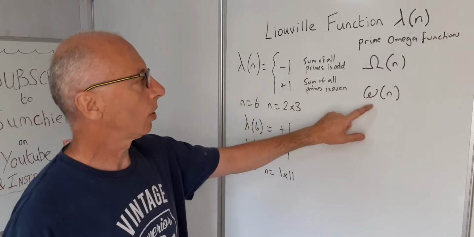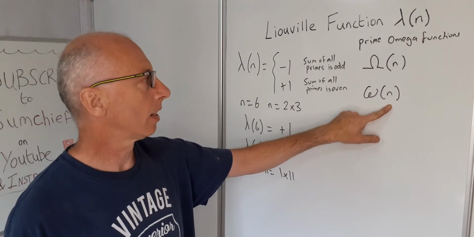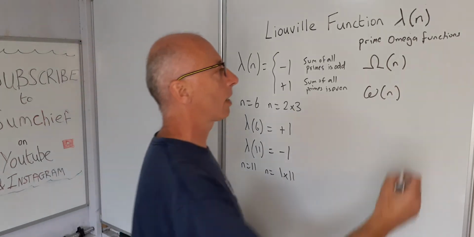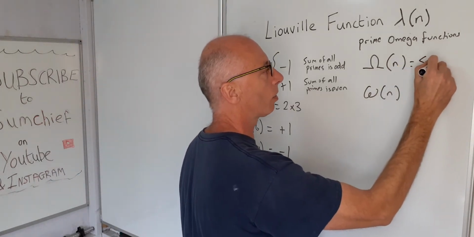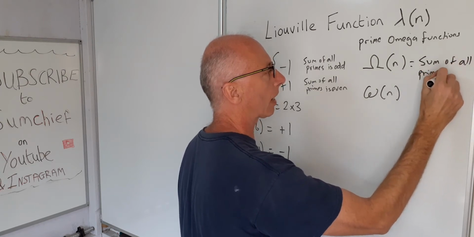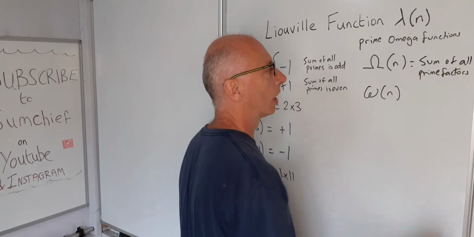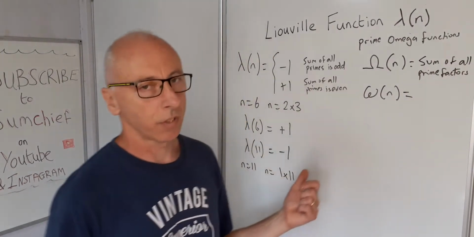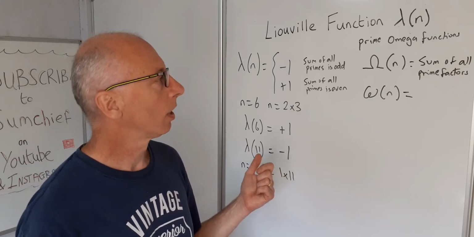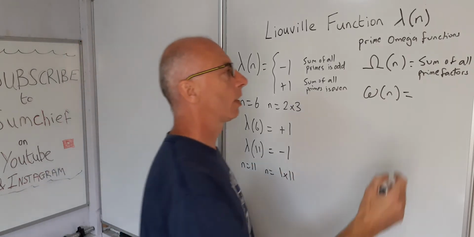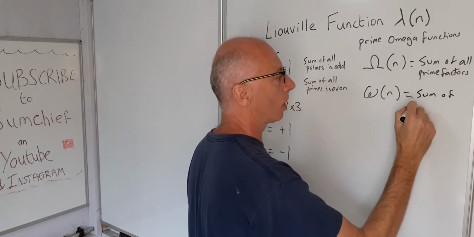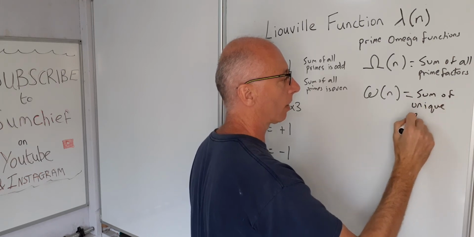The capital version of the prime omega function is basically the sum of all prime factors. The lowercase version only counts each one once, so the sum of unique prime factors.